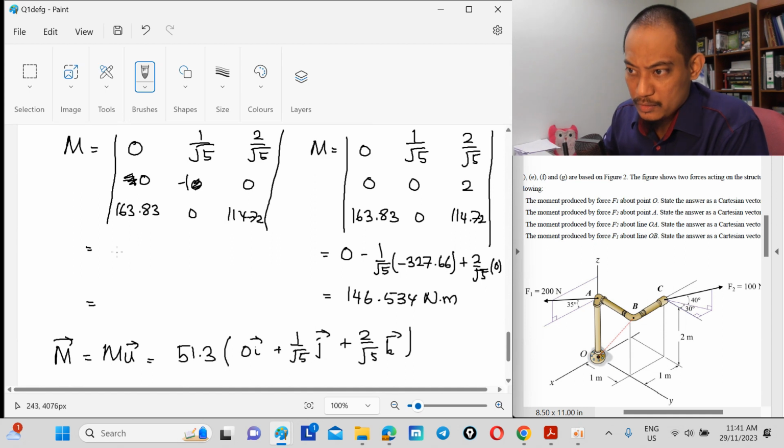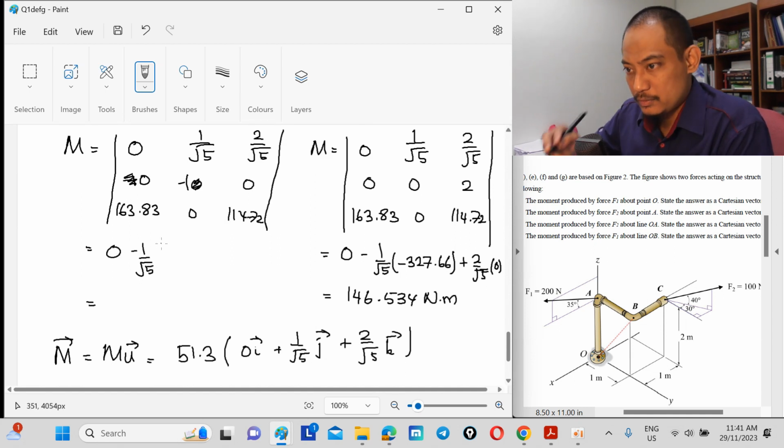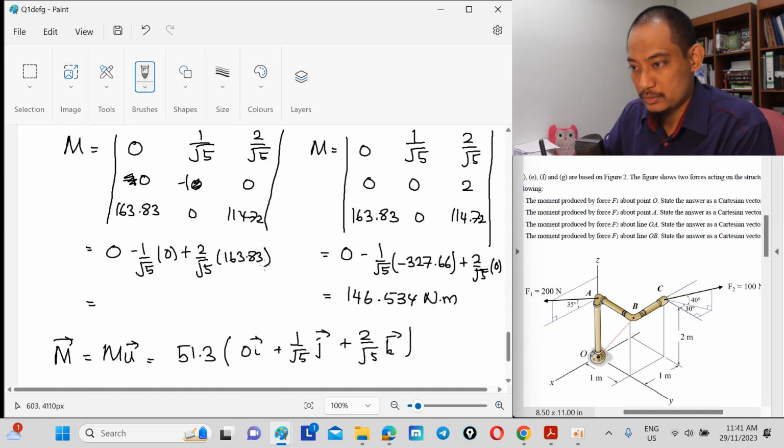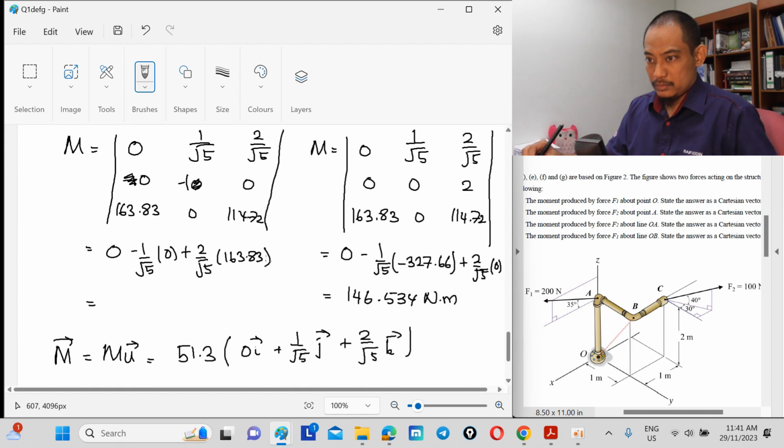So 0 minus 1 over square root of 5. So this is still 0, right? So plus 2 over square root of 5. Then you have 163.83, right? Is that correct?